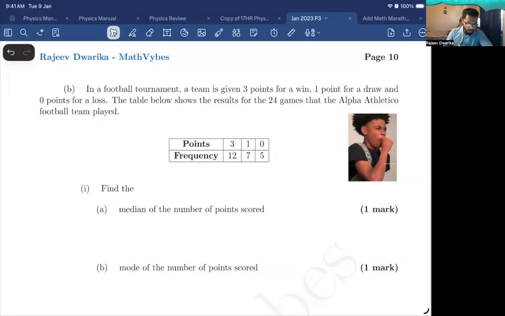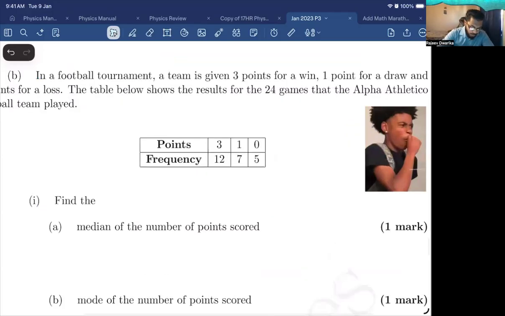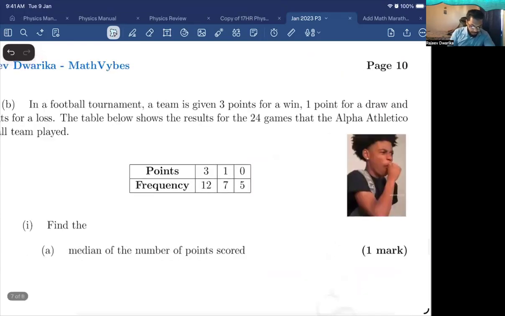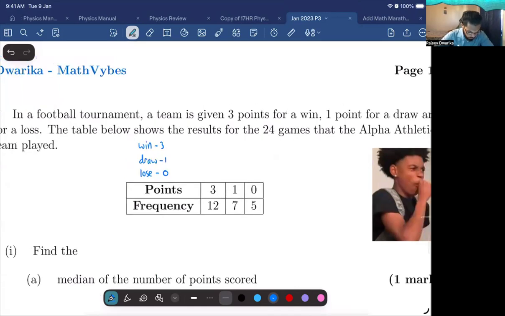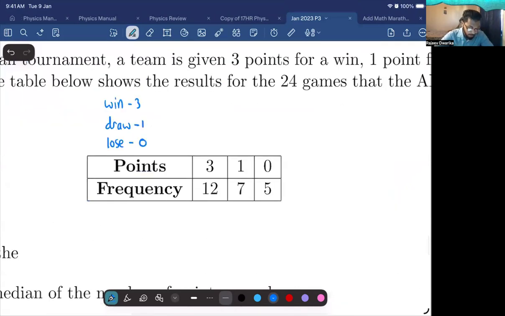Right? So, if you win, how many points do you get? 3 points. If you draw, how many points again? And if you lose, how many points again? 0. So, how many times did the team win? They won 12 times. Right.